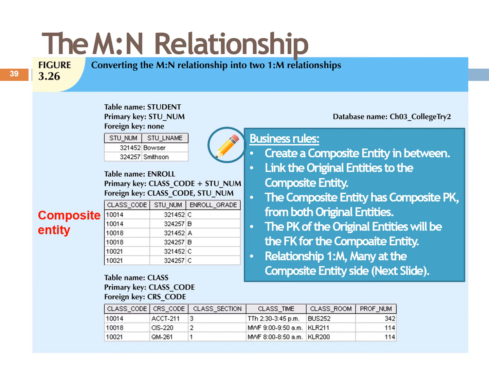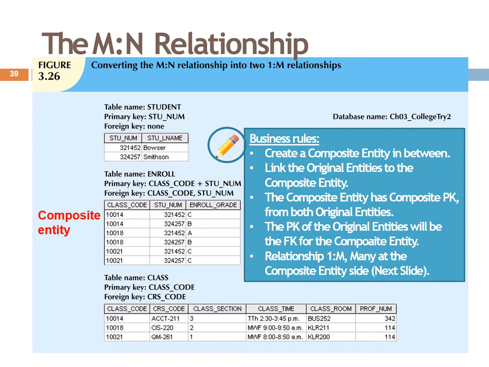So first of all is to create a composite entity in between. So meaning that you have the student entity and then the class entity, but the student and the class entity has a new entity in between, and we call this new entity composite entity or bridge entity.